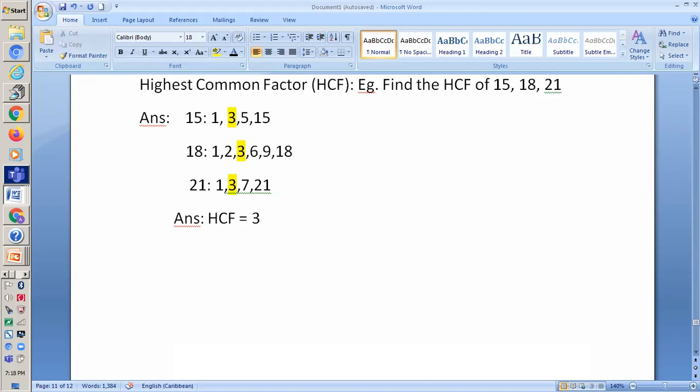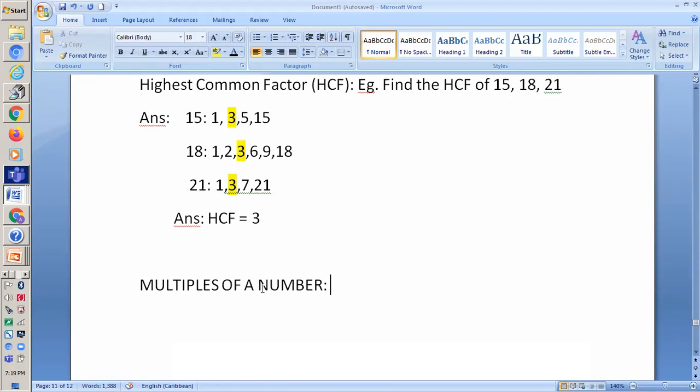So, multiples of a number. Well, it's pretty simple.